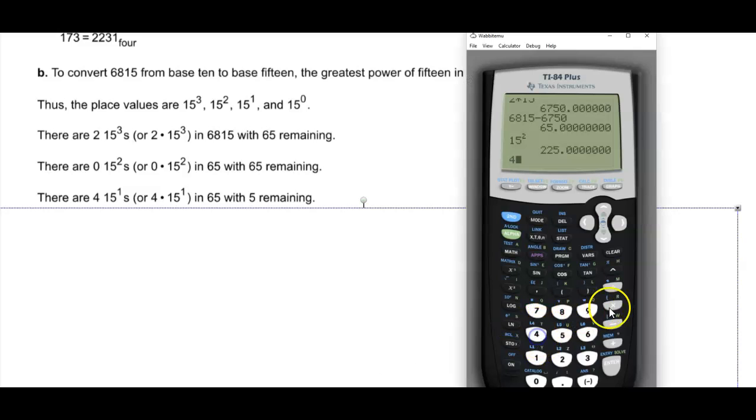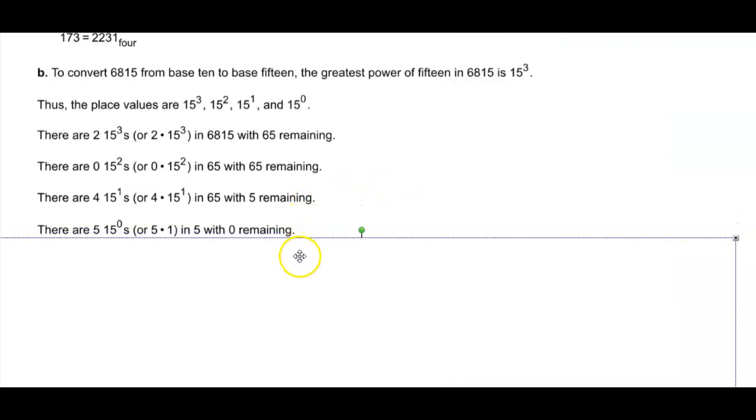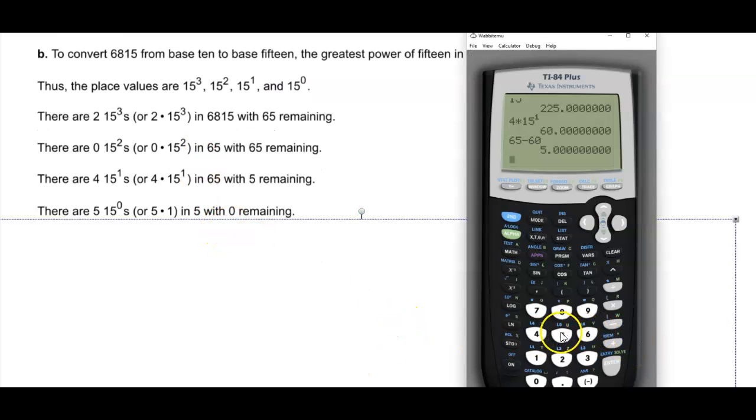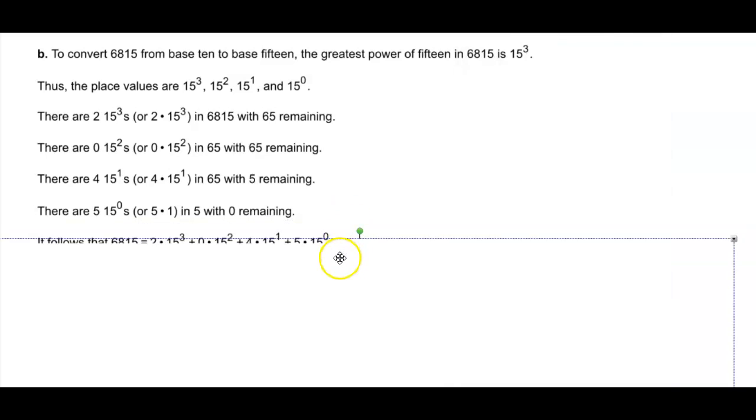Well, if we take 4 and multiply it by 15 to the first power, that gives us 60. So 65 minus 60 leaves us with 5 remaining. Since there's 5 remaining, there is 5 times 15 to the 0 power, which is equal to 5. So 5 minus 5 leaves us with 0.